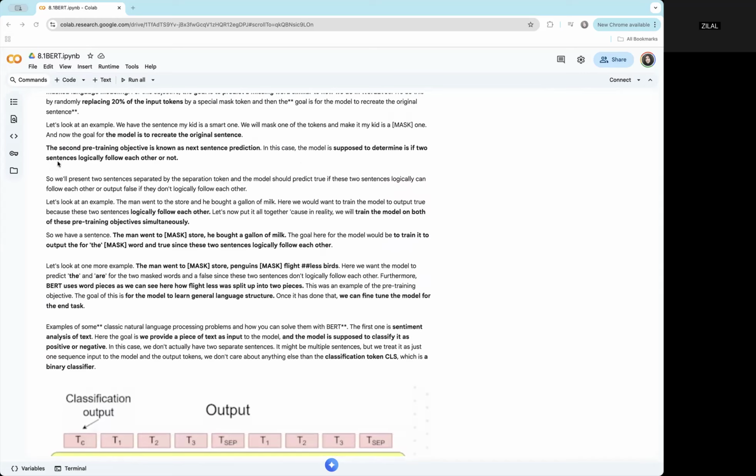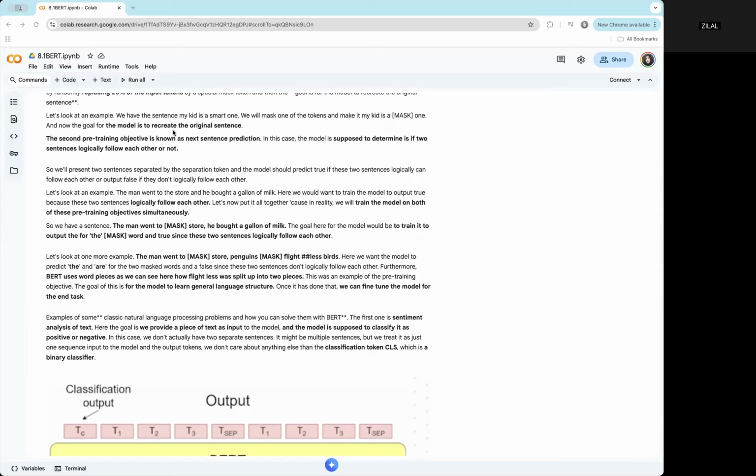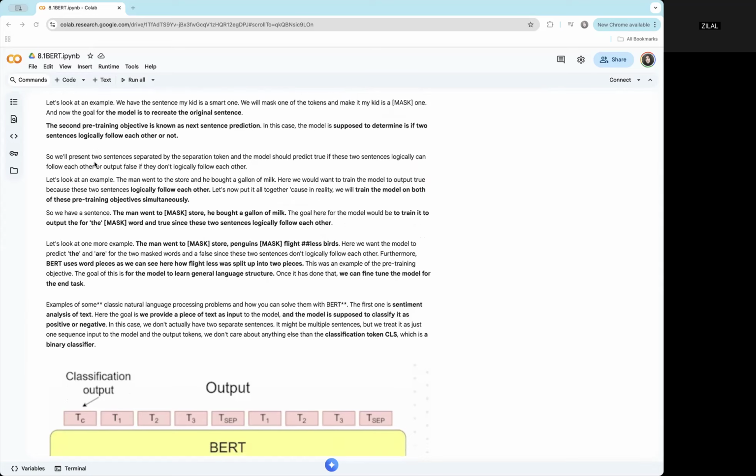Let's have an example. We have the sentence, "My kid is a smart one." We will mask one of the tokens and make it "My kid is a [MASK]." This is a special token in BERT. And now the goal for the model is to recreate the original sentence.